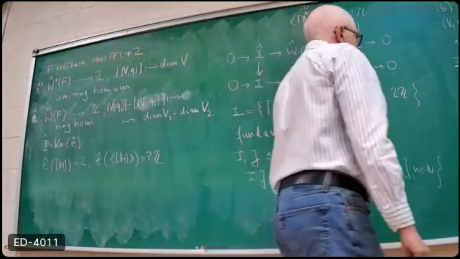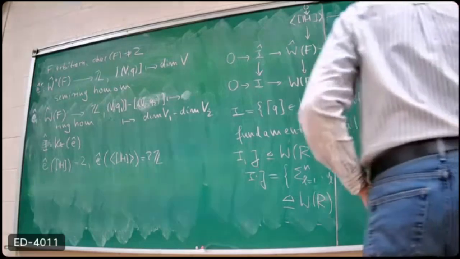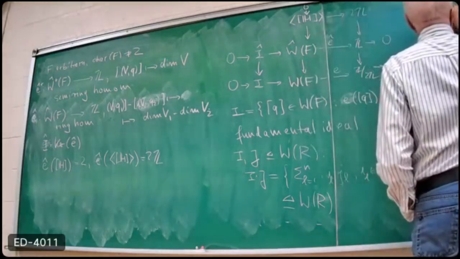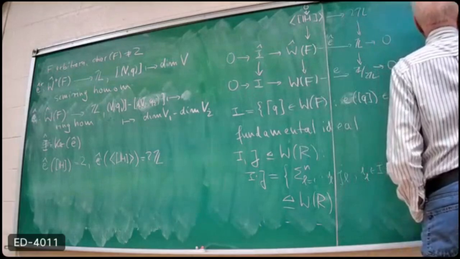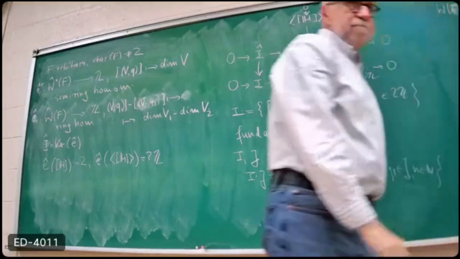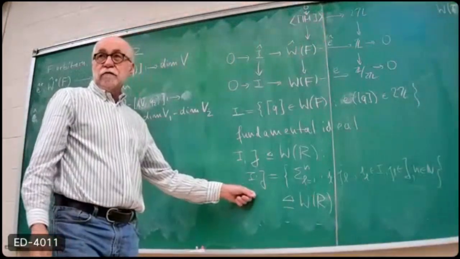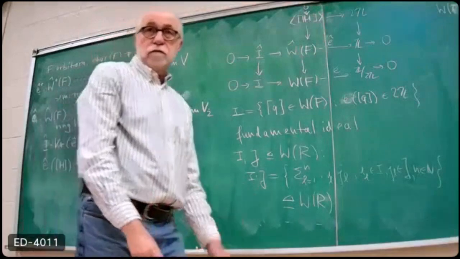So what we can do then is define this for forms. Namely, we have the Witt ring of our field F, and it has as an ideal the fundamental ideal I. But I can take J equal to I in this definition, and so look at the square.